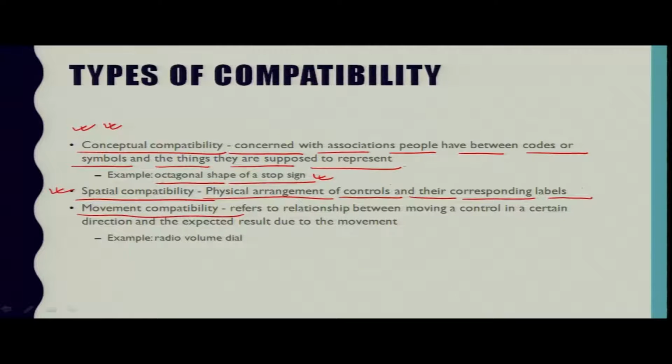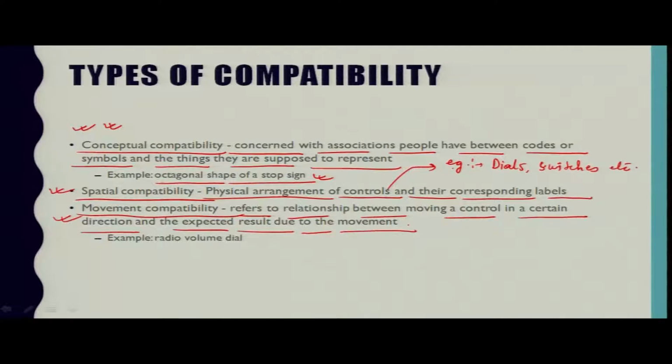Examples of spatial compatibility are dials and switches, etc. The third kind, movement compatibility, refers to the relationship between moving a control in a certain direction and the expected result that will occur due to that movement.